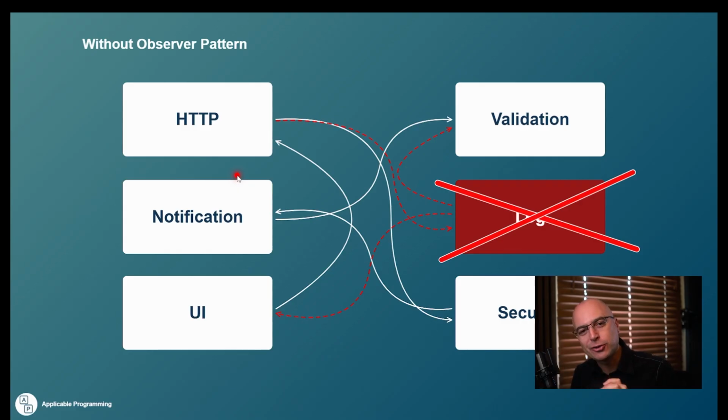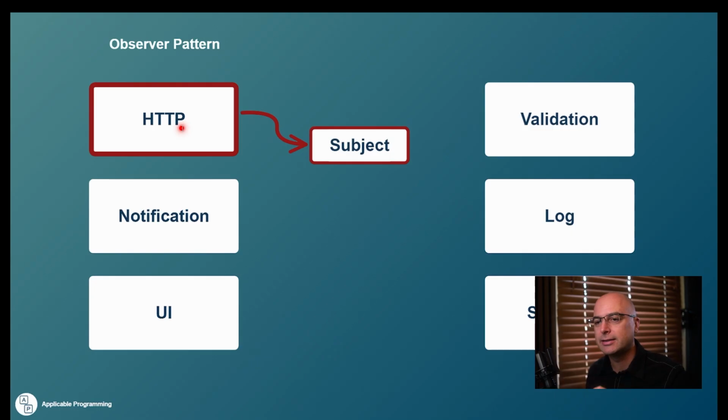This is exactly what observer pattern solves for us. It allows us to have a module like this HTTP module or a functionality. When I say module, I don't think necessarily module design pattern, right? It's a part of the application. But it allows us to have this HTTP notify all other modules that something is happening. Either if some HTTP value has changed or some event has happened, so that the HTTP module will act as a subject.